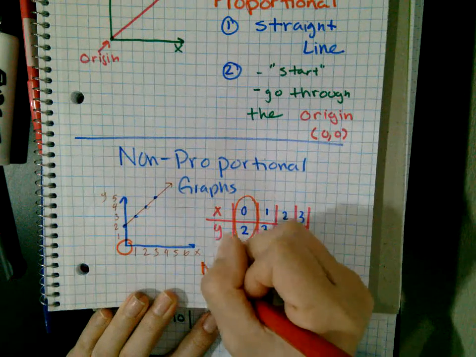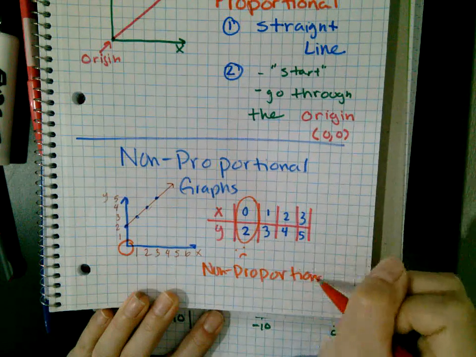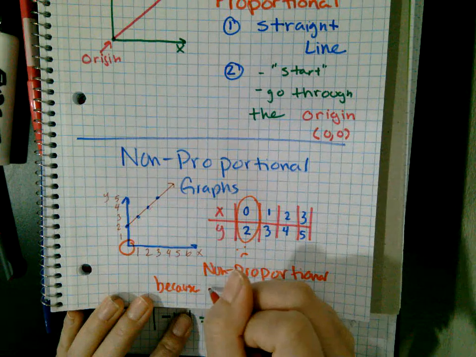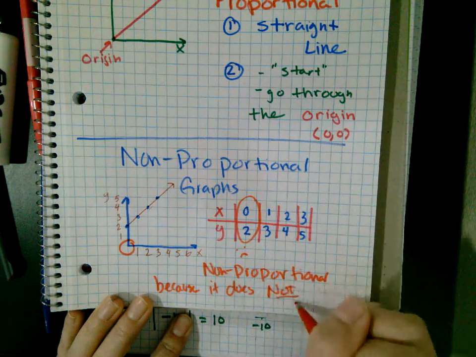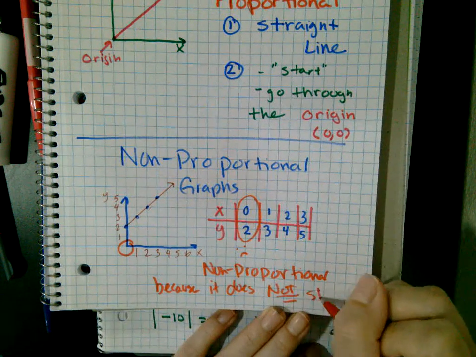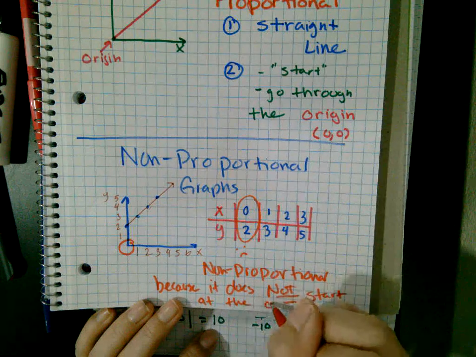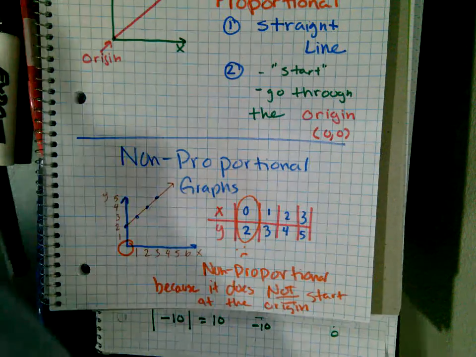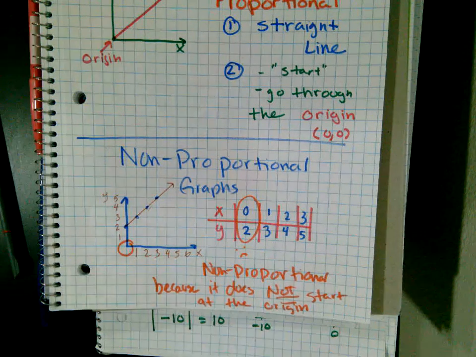So we write that down. Non-proportional because it does not start at the origin. It does not start at the origin. And because it does not start at the origin, it's just non-proportional.